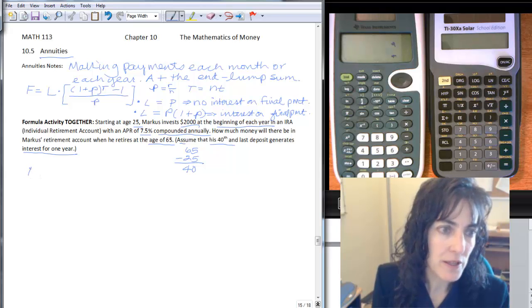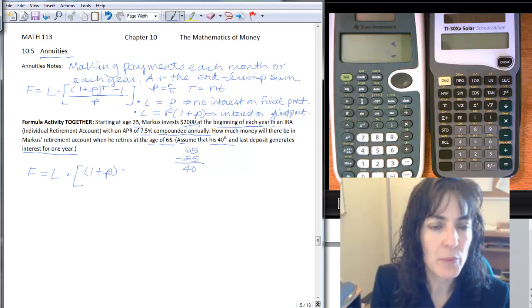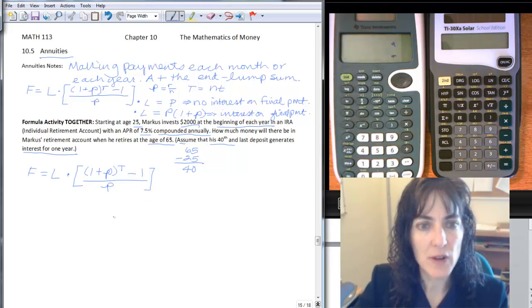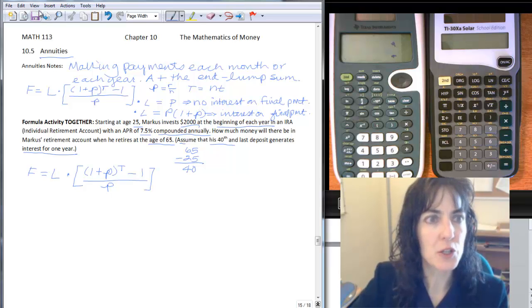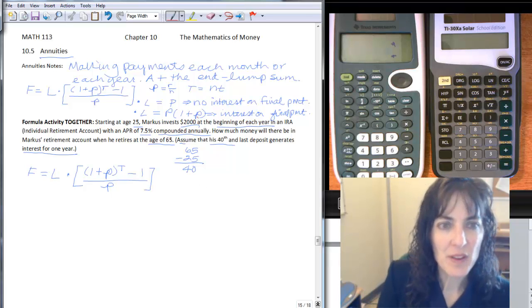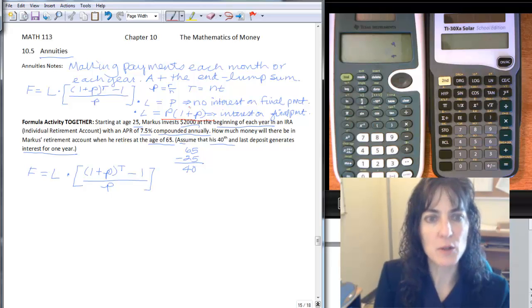Our formula is going to be this: F equals L times the quantity 1 plus little p raised to the capital T minus 1 over little p. Now we do know more information, and that is for his final payment. It says he will get interest for 1 year, so I'm going to need to use this, let me show it in red, the second L right here, the P times the quantity 1 plus little p.